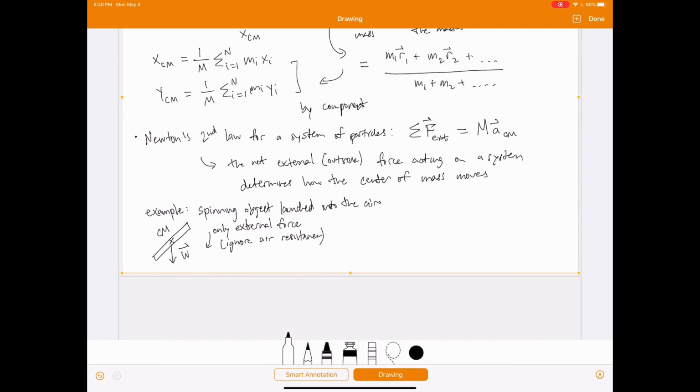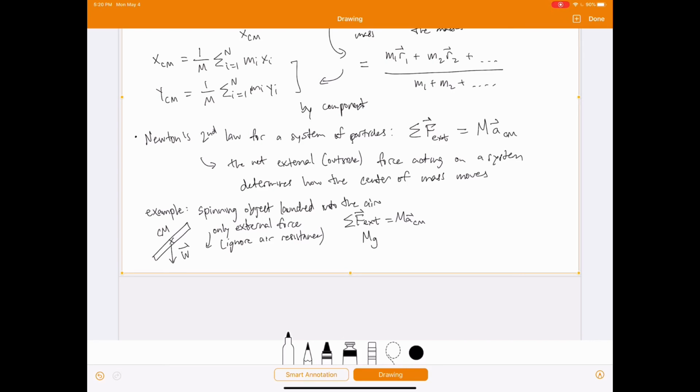There we go. And so if we apply this idea that the net external force is equal to m times ACM, it gives us a really simple answer. On the left side where we have external force, I'm really just going to write the force of gravity. And we know something about the force of gravity. Its magnitude is m times g.